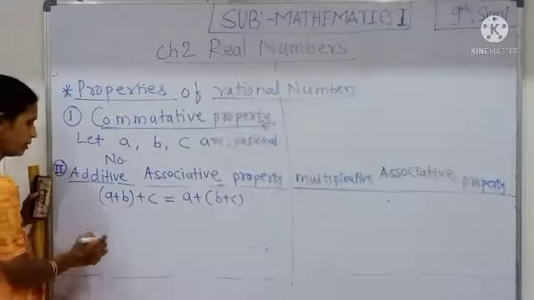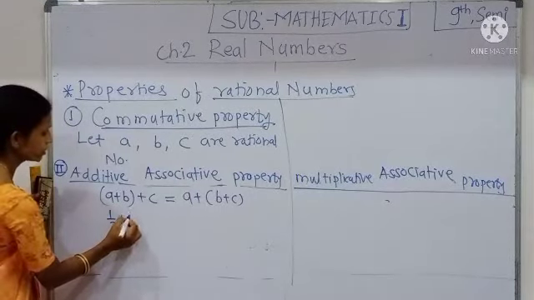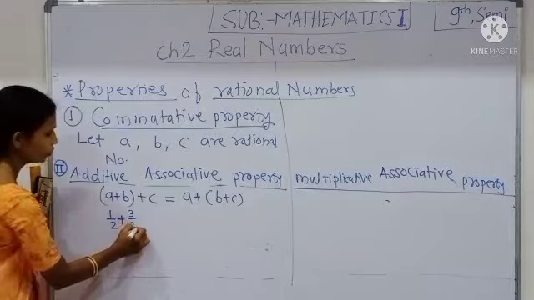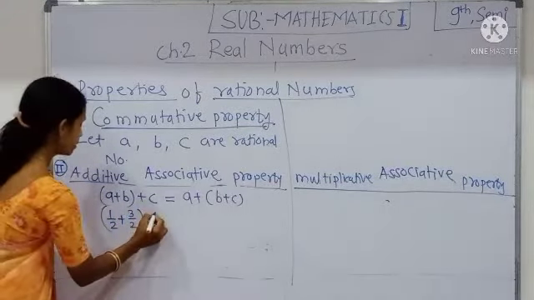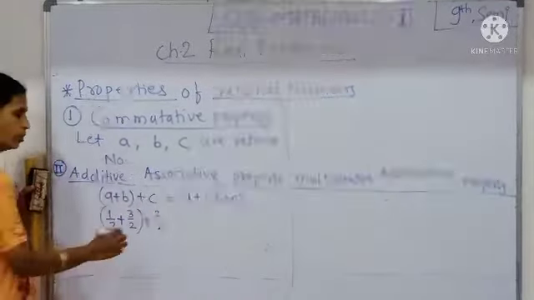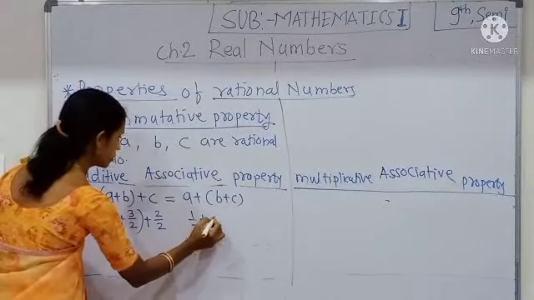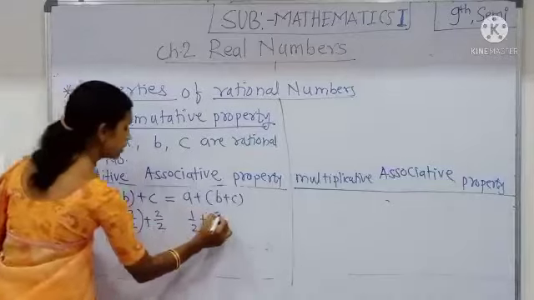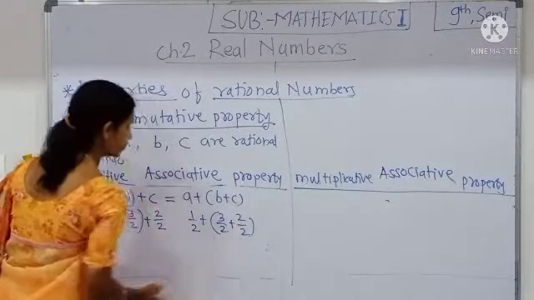For example, see here 1 upon 2 plus 3 upon 2 plus here 2 upon 2, or here A is 1 upon 2 plus in bracket B is 3 upon 2 plus 2 upon 2.